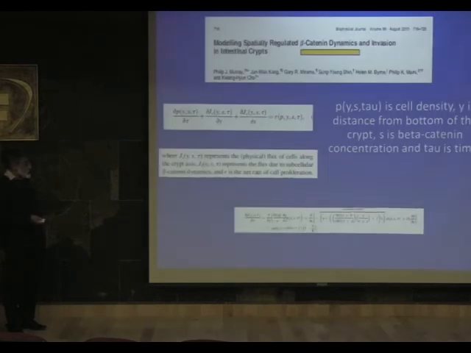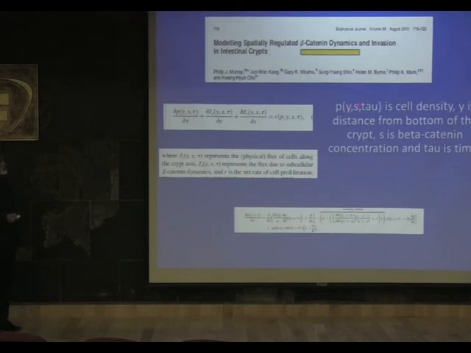And if you do that, and then try to do the sort of analysis that I mentioned earlier on, I don't want to go into all the details, but now you get this type of model coming out where cell density is a function of position, a function of time, and, here we're looking at beta-catenin, a function of beta-catenin.